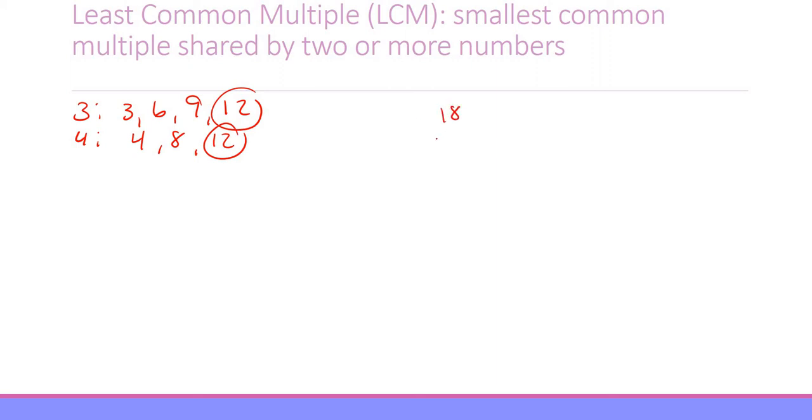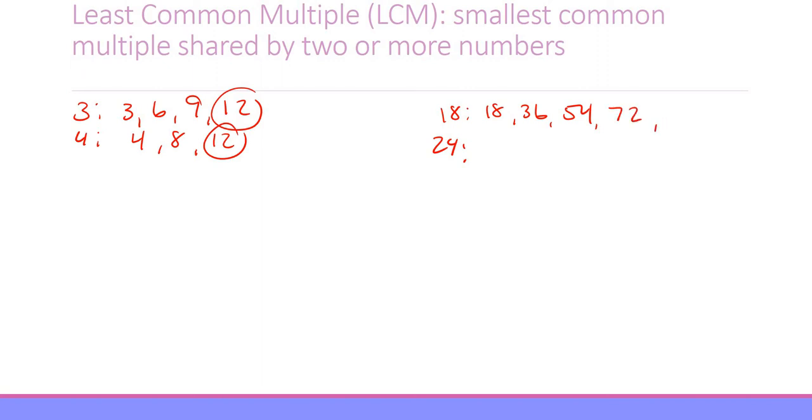How about 18 and 24? Well, 18 times 2 is 36. This is going to take me some work to do here. 18 times 3 is 54. 18 times 4 would be another 18 added onto that, so that's 72.